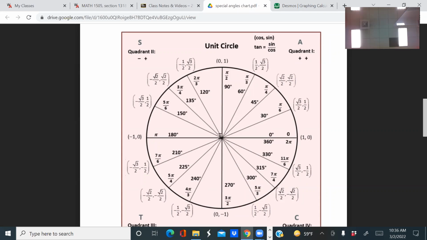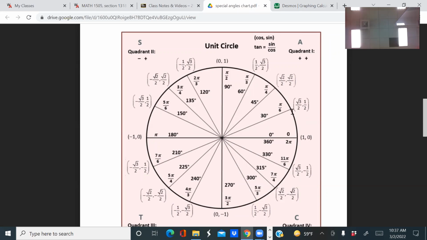So how you would use this table, and you really don't even need it once you've seen it once, is what this table is telling you is, look, for the angle pi over 6, which is 30 degrees, that's this angle here. A point on the terminal side of 30 degrees is this point, square root of 3 over 2 and 1/2. By the way, square root of 3 over 2 is about 0.87. It's actually 0.866 something, but approximately 0.87.